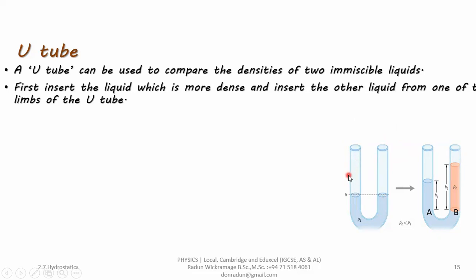In order to avoid the second liquid coming out from both sides, we pour one liquid into one limb and keep it at the bottom, and then we pour the second liquid like this. So the second liquid will be there in one limb only. This one won't come out from both limbs if you have poured from one limb.